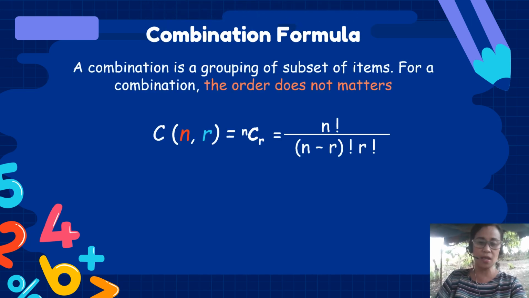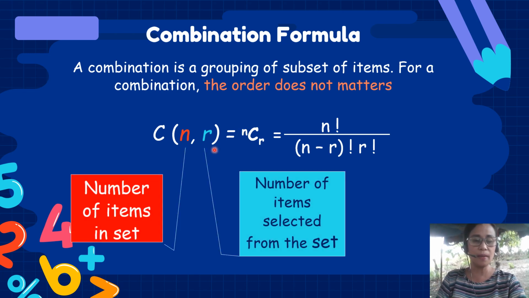We have C(n, r), which is the same as nCr, read as n choose r, equal to n factorial divided by the quantity n minus r factorial multiplied by r factorial. But actually, if you have this nCr key in your calculator, there's no need to use this formula. All you have to do is press nCr in your calculator.